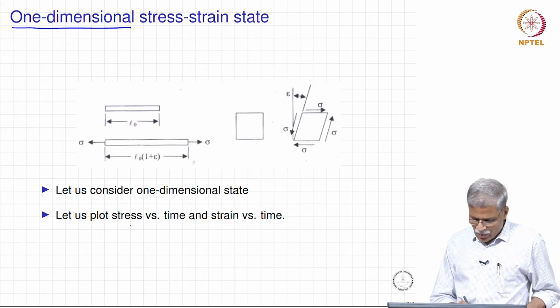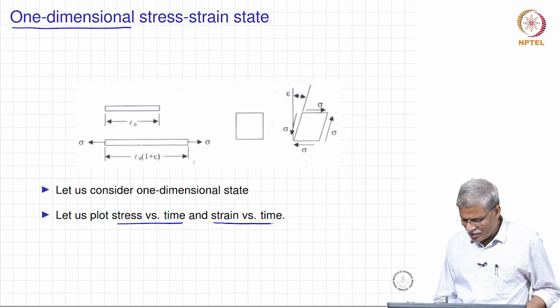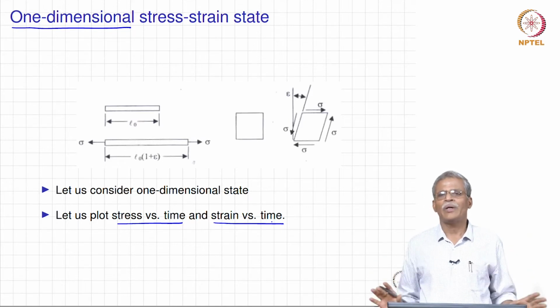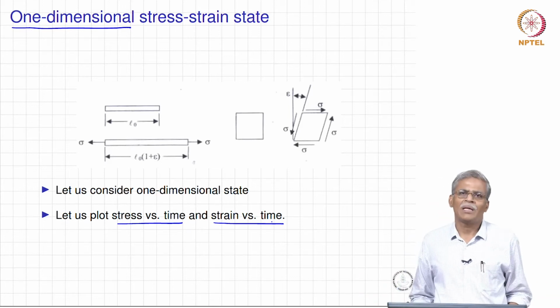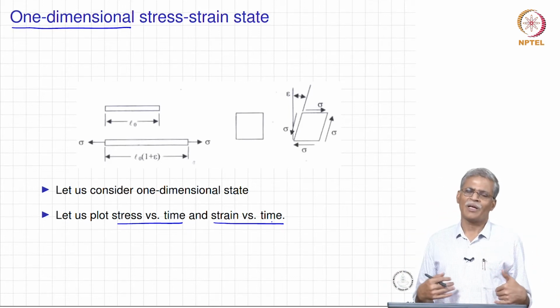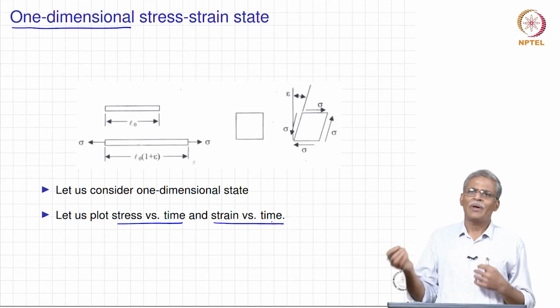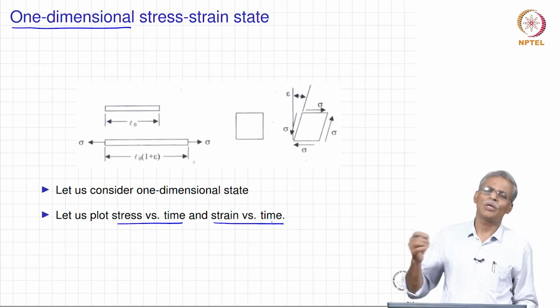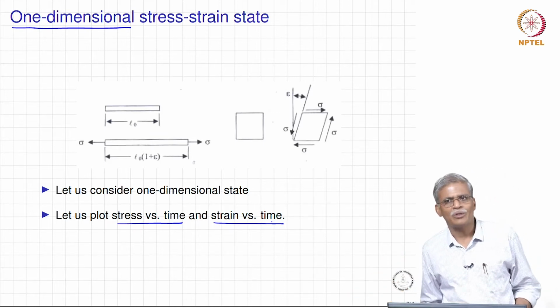So, we are going to find out the stress versus time as well as strain versus time. Since almost all materials exhibit responses that depend on time, irrespective of whatever the material be, we will include the influence of time, and then later depending on the uniqueness of the stress strain relationship, we will choose to include or exclude the influence of time.